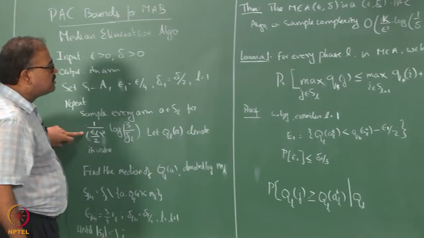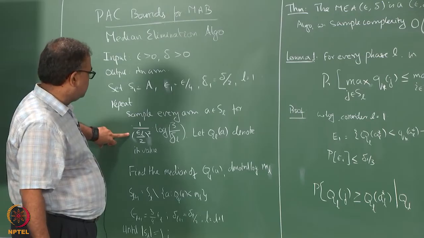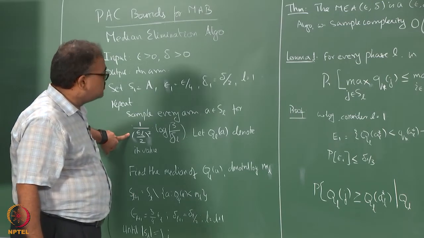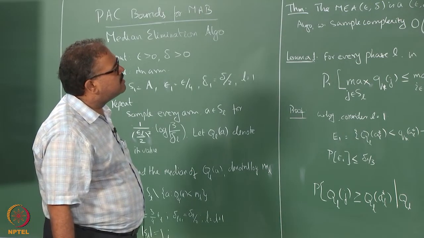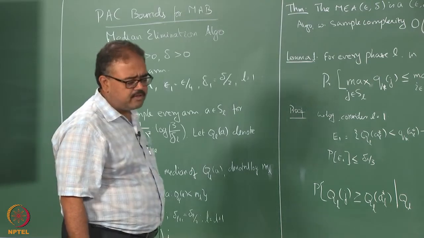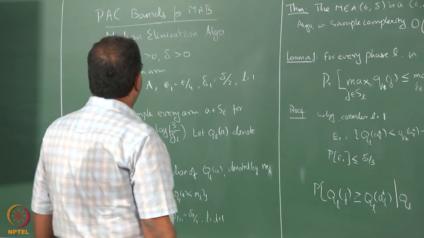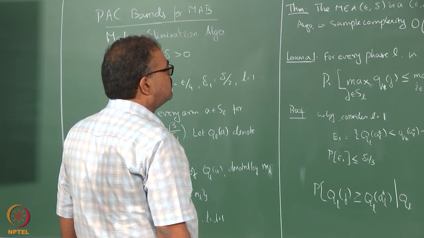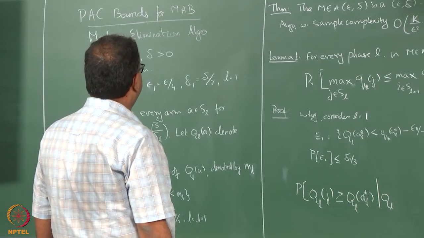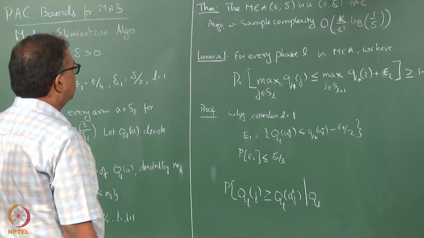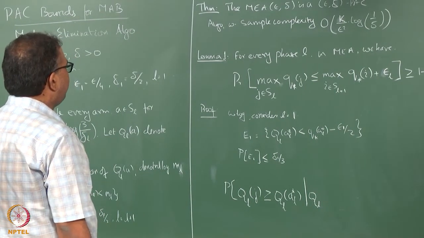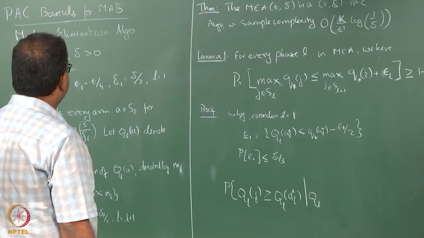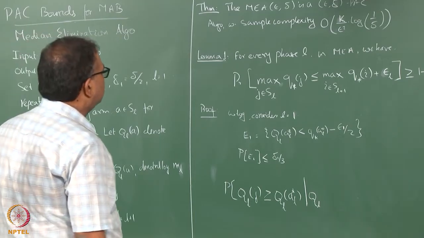This one? Put the 2 in the numerator. I should put the 2 in the numerator, is it? What do you need for it to cancel out? Epsilon. Epsilon 1 by 2.